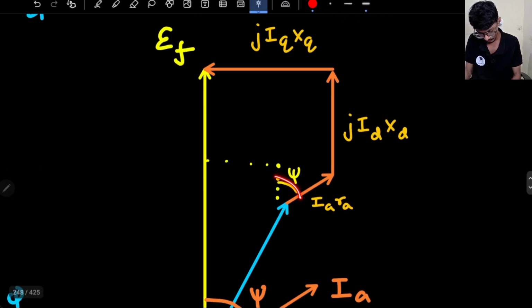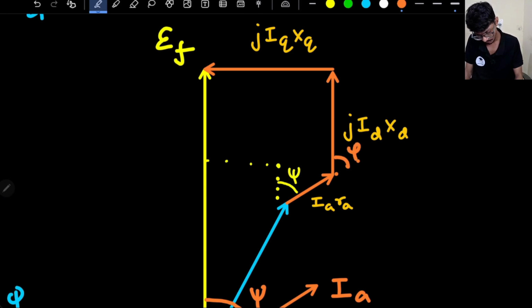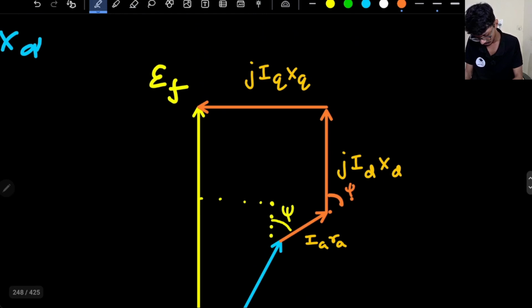Now this is psi, so this also will be psi. What about here? Here again I will draw a parallel line. So this will be psi. If I extend this line, this will be psi. This will be how much? This will be 90 minus psi.